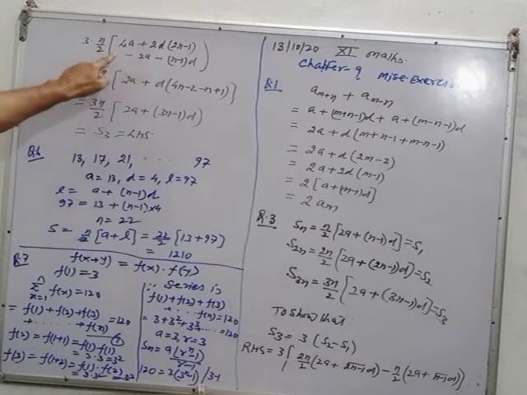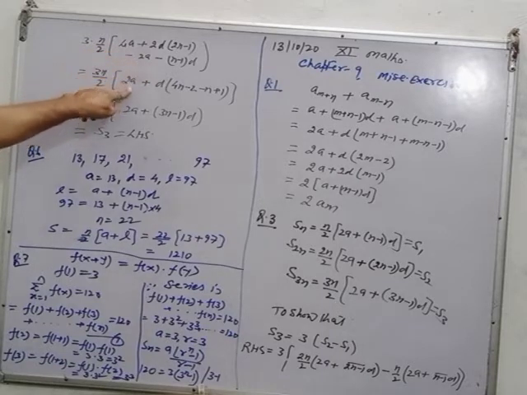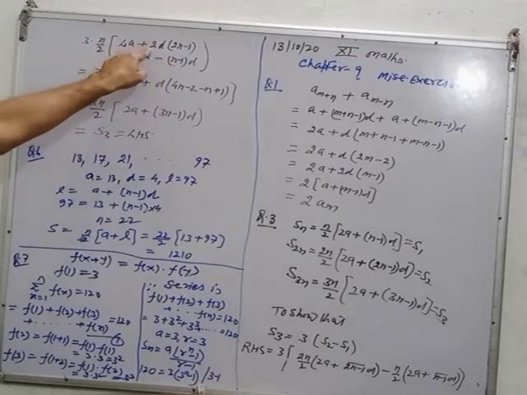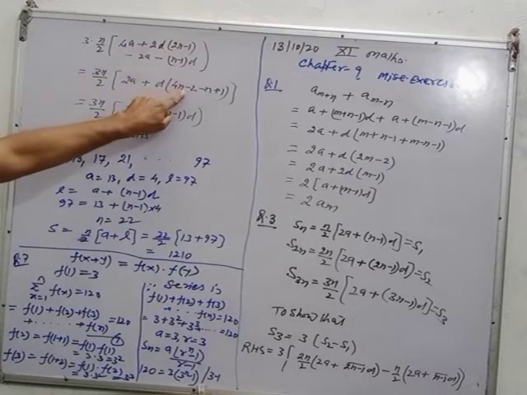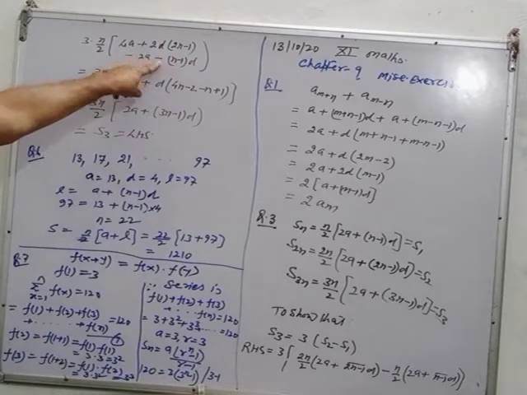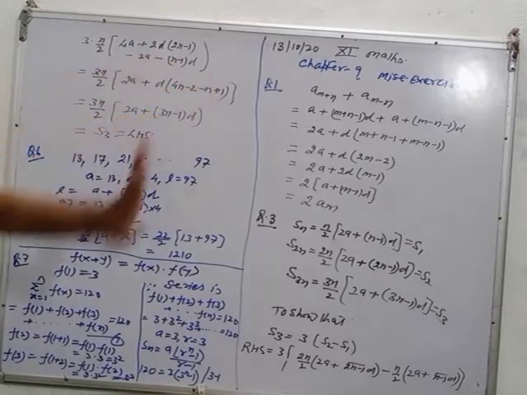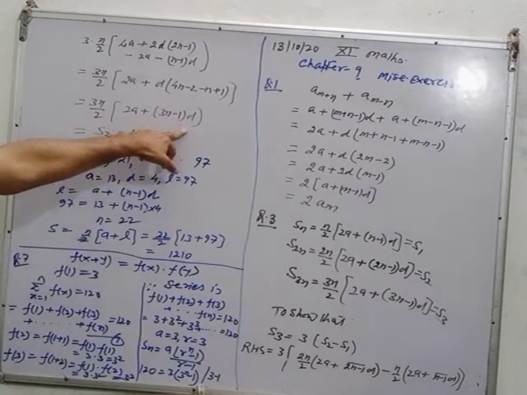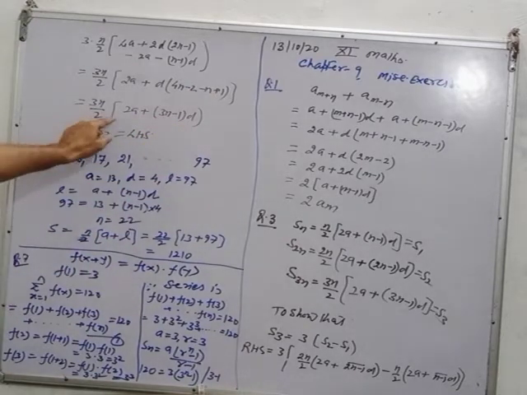Now simplify: 4a minus 2a is 2a. Now from these when you take d common, 2 times 2n minus 1 in the first, and in the other the sign changes due to the minus, minus n plus 1. Simplifying within the bracket you will have 3n minus 1 into d, and this is what? This is the sum of first 3n terms, that is S3, which is equal to the left side.